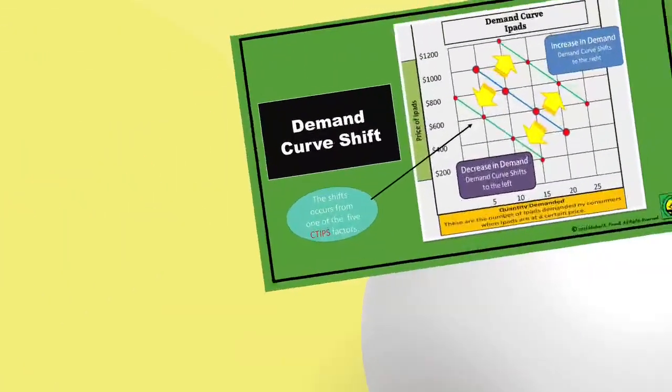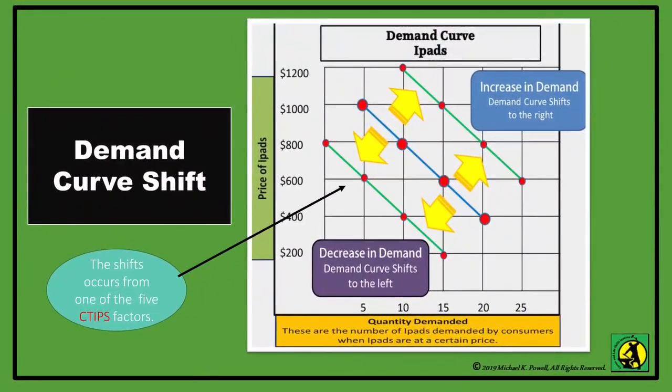So let's look at an example of this. As we can see, an increase in demand, that's what it would look like. The blue line is now shifting to the right. We've increased our demand. The way that we can see that is if we take the first red dot, for example, we started at $1,000 and 5 people demanded it.